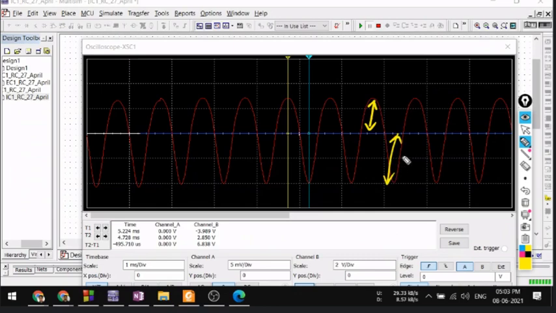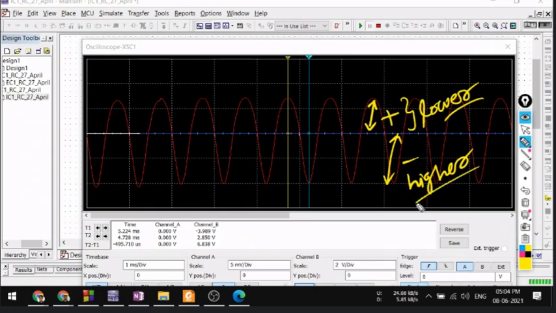Your amplitude is higher in the negative cycle, and in the positive cycle you are getting the lesser. They are unequal, so that is called distortion, right?